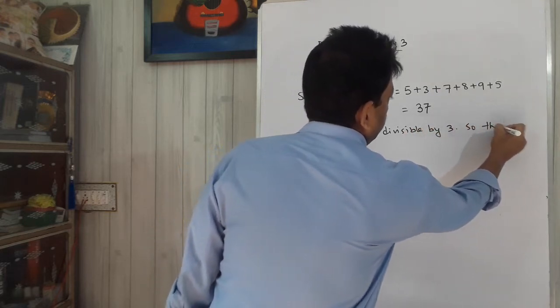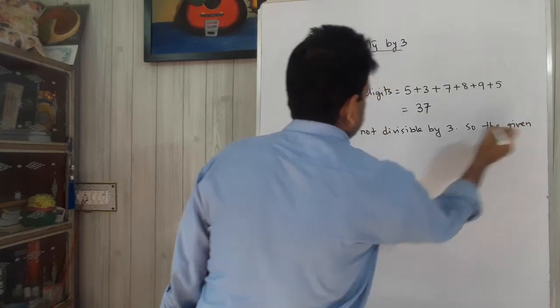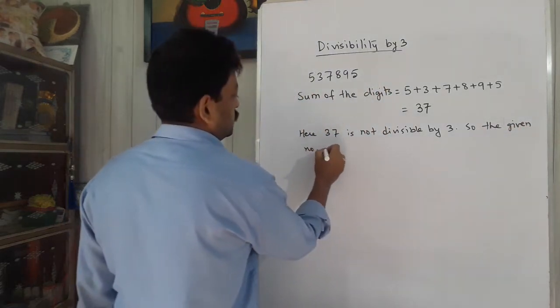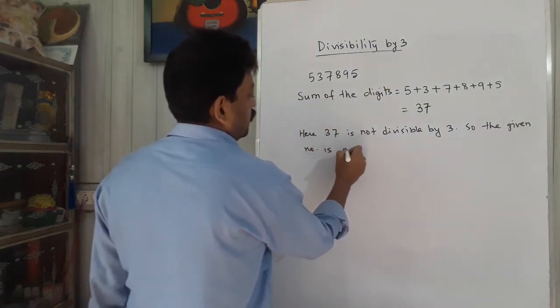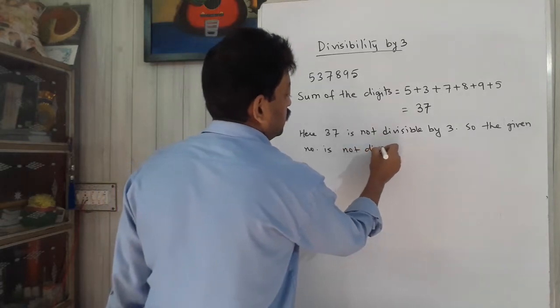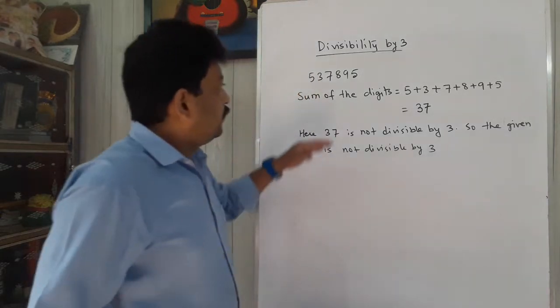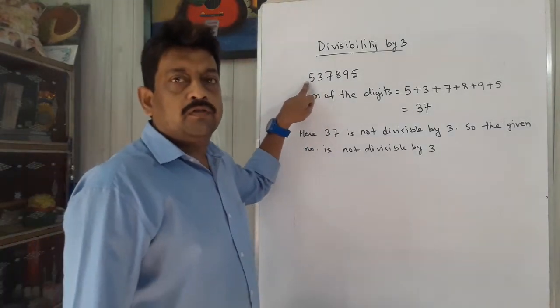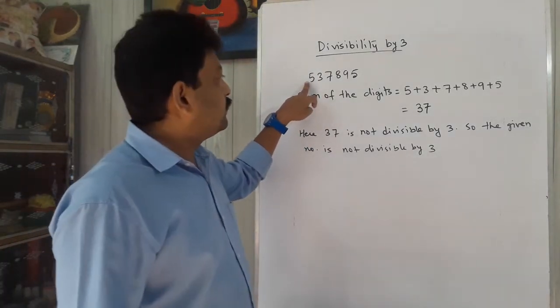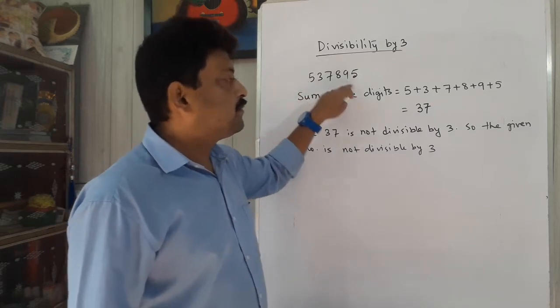So the given number is not divisible by 3. You can check by actual calculation also. If you go for the actual division method, you will find that this number is not divisible by 3.